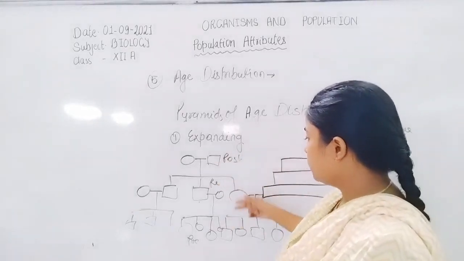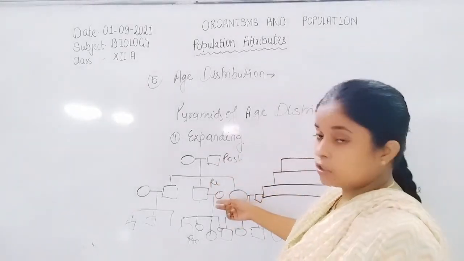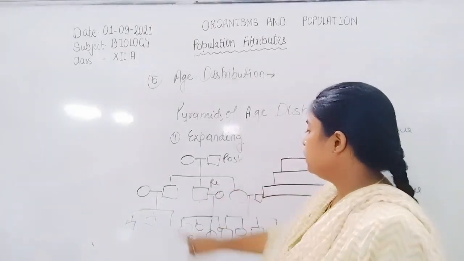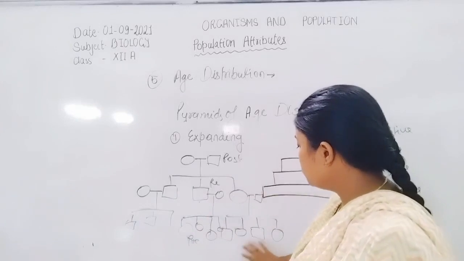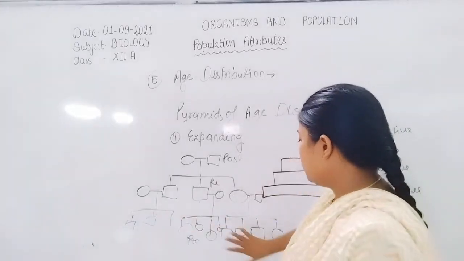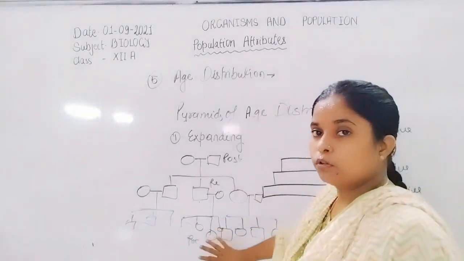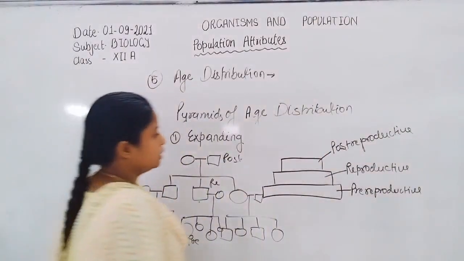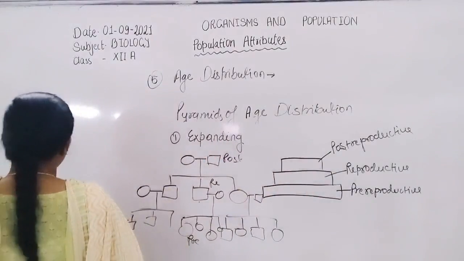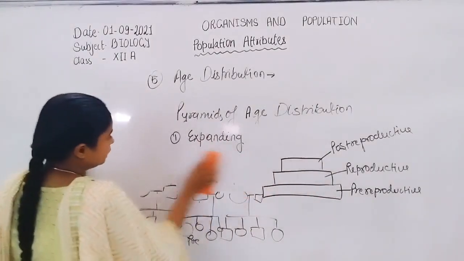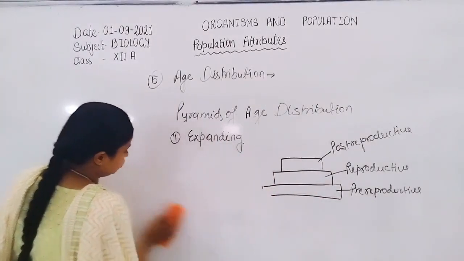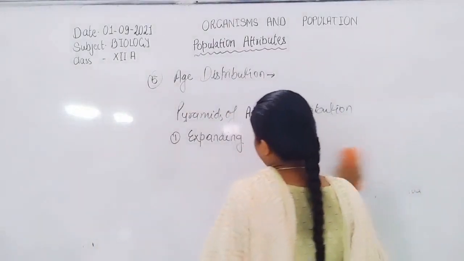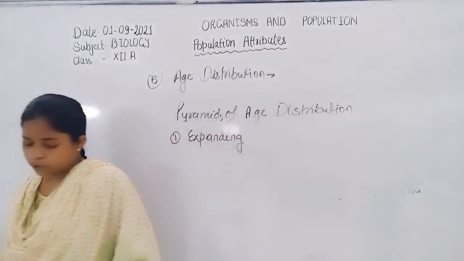The individuals in the reproductive phase are three in number, and each individual reproduces four children. So the number of individuals increases with time. That's why the expanding type of pyramid is shown by most humans and other living organisms.